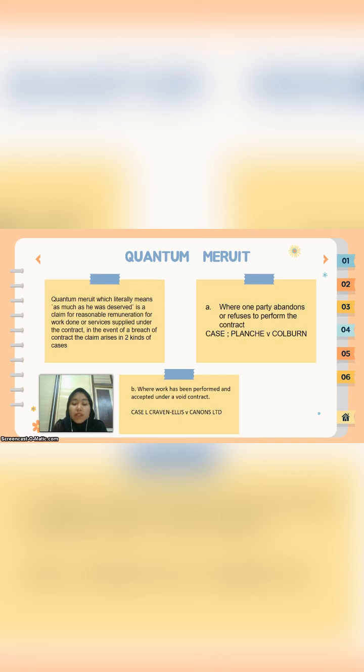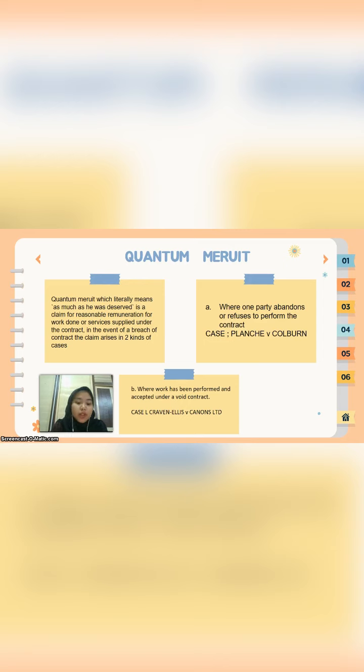So I will give an example with the case Planche versus Colburn. In this case, P contracted with C to write a volume on ancient armour for a periodical called the Juvenile Library, for a fee of $100. After P had written part of his work, C abandoned the periodical.